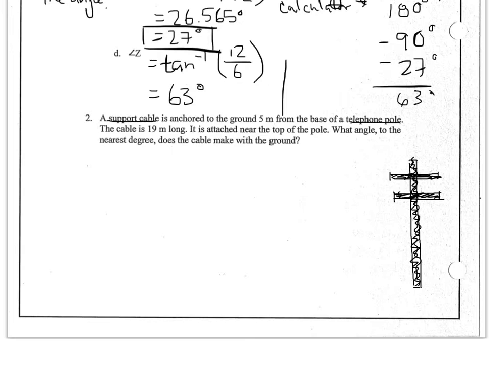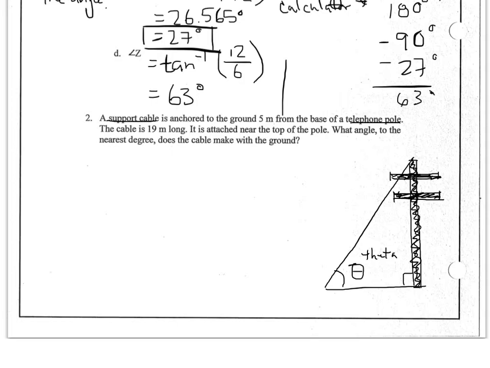A support cable is something that usually runs from the very top of something down to the ground. So that's my support cable. I know that where the telephone pole and the ground meet is a 90-degree angle. I have some unknown angle here, and when you don't know an angle, you usually use this fancy zero with a line in it called theta.